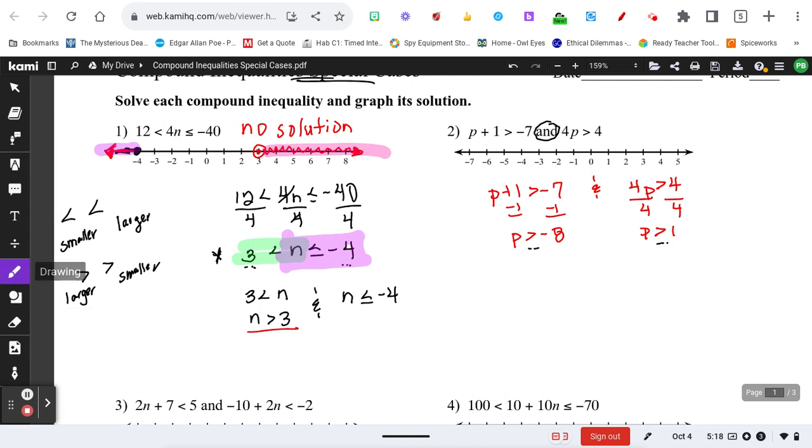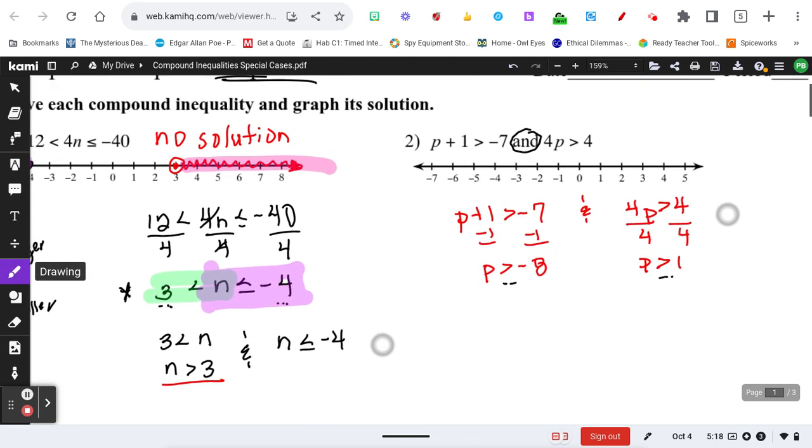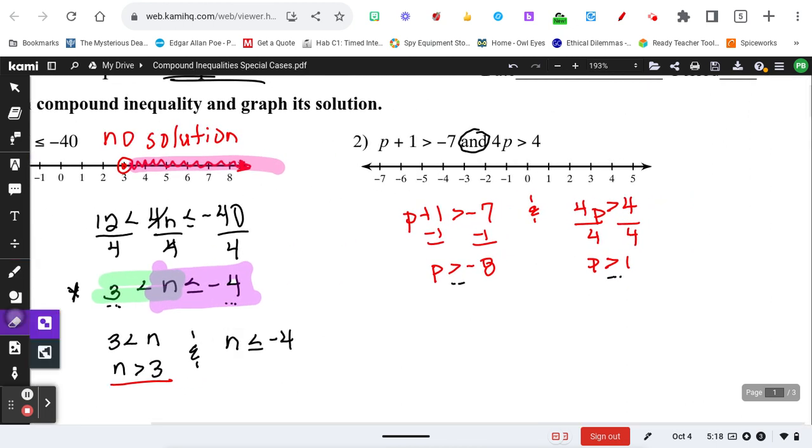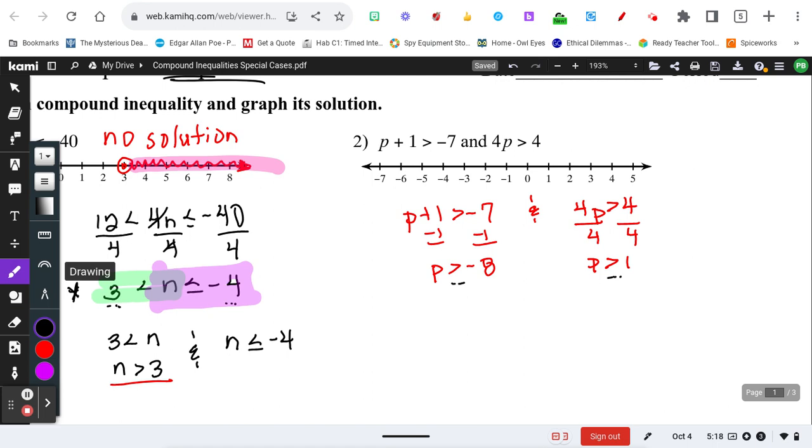Okay. But let's take a look at it. So make sure you're looking at these graphs, please. All right, and reading this statement correctly. All right, so I'm going to look at everything greater than negative 8. I'm going to put negative 8 right here. That would help if it were on the graph. Let me extend this a little bit.